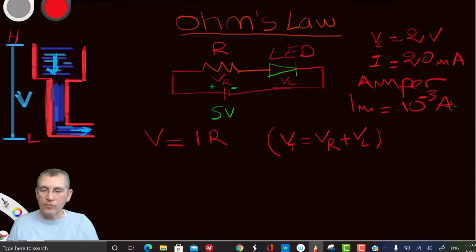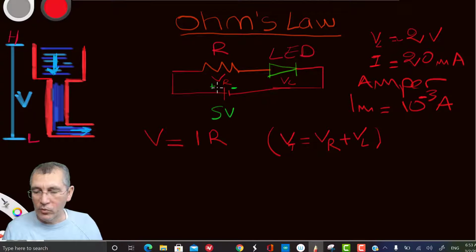Okay, so now we need to find, we have the voltage. This is like an equation with an unknown. We have the voltage drop at the LED, we have the total voltage. The only thing we're missing is the voltage drop at the resistor.